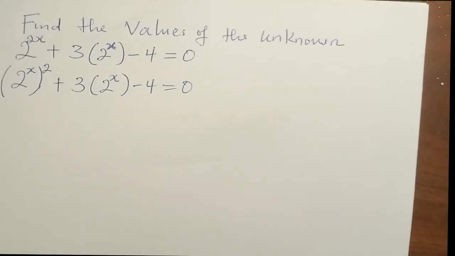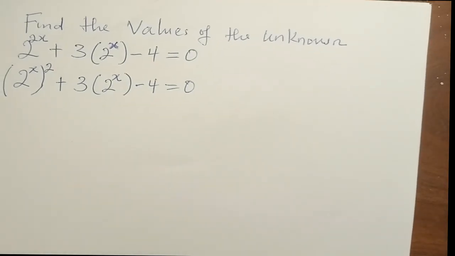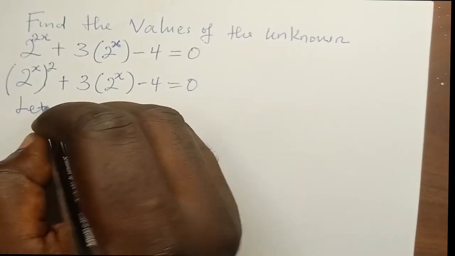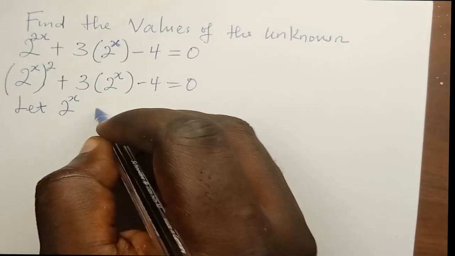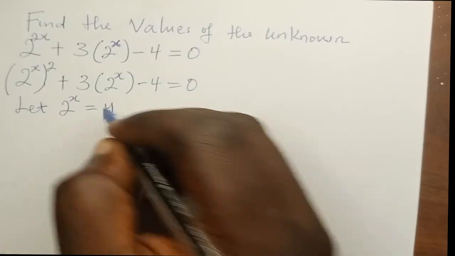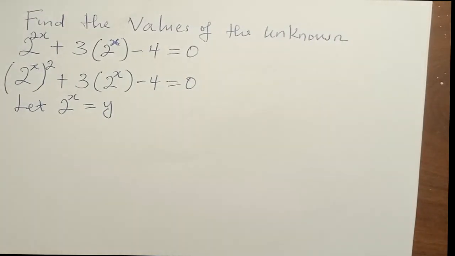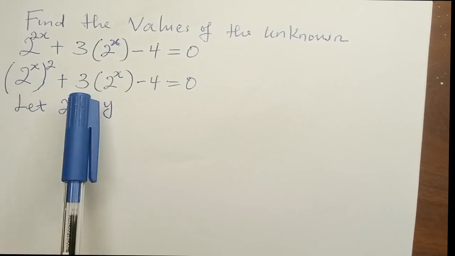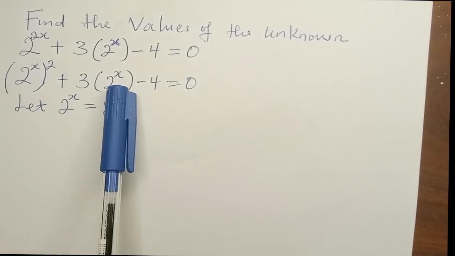In this case, it is very easy for us to now express. We can therefore say, let 2 to the power x be equal to y. If we state it like this, then any place that we see 2 raised to the power x, we are going to replace with y. So we are going to have y squared here, and we are going to have 3y here, because the 2 to the power x will represent y.